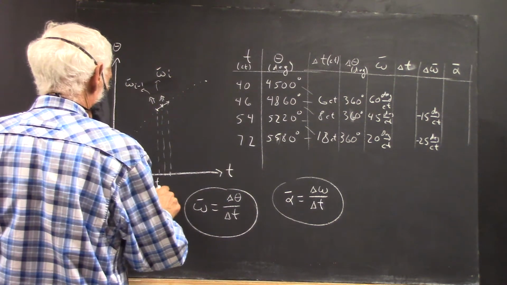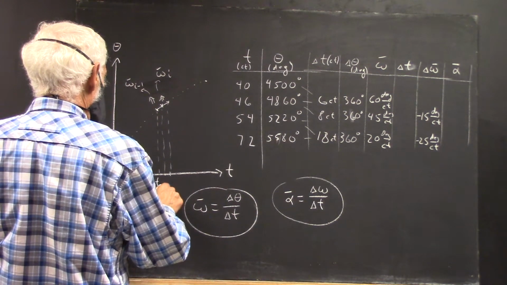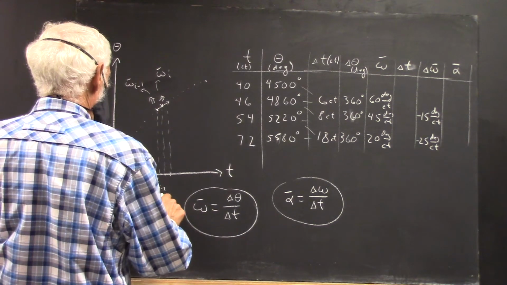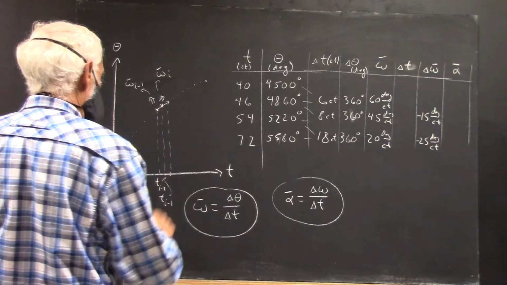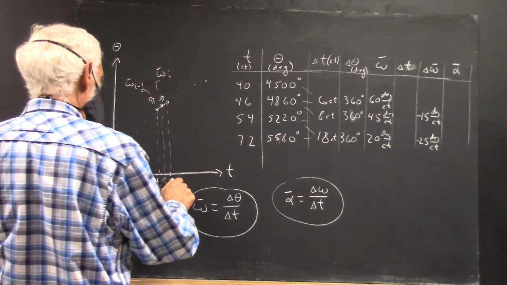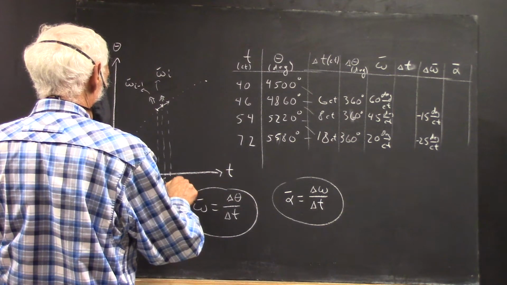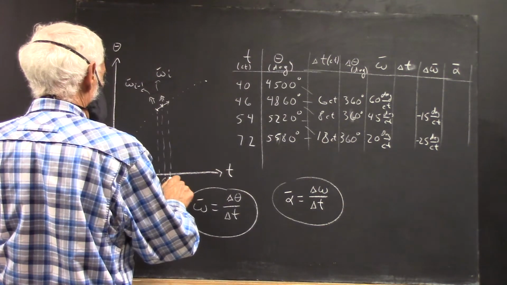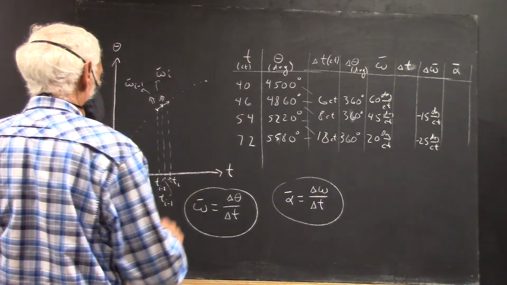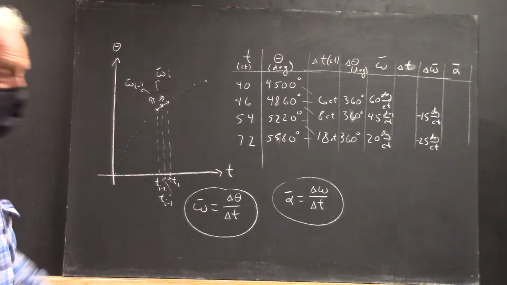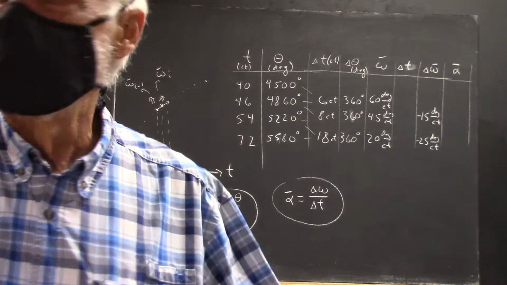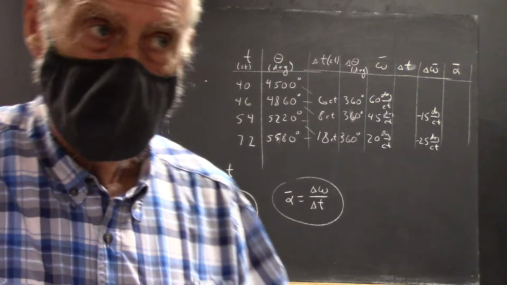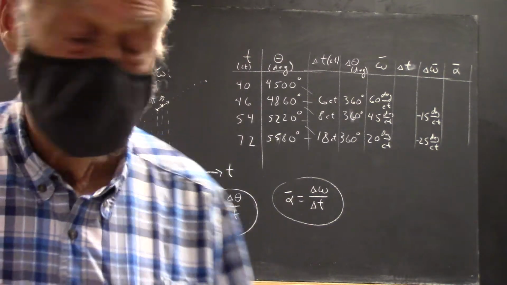So maybe this is t sub i minus 2. Maybe this is t sub i minus 1, and this is t sub i, depending how we set up our indexes. Okay? Just to distinguish them, because I don't want to write omega for both of our omegas.